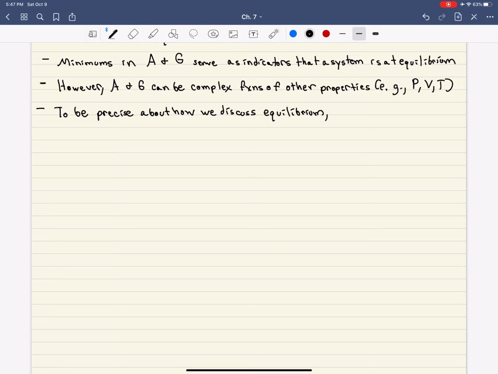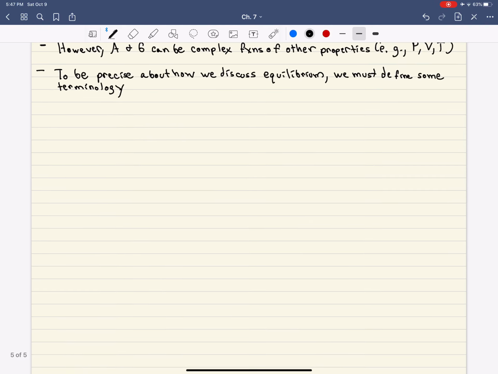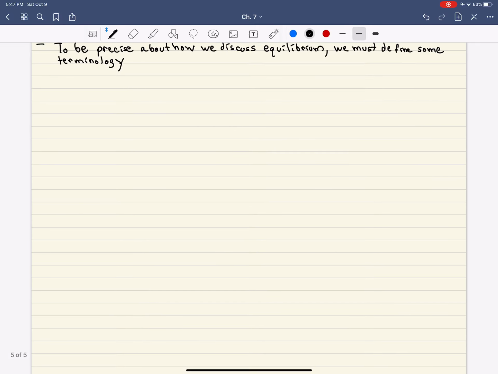So we must define some terminology. Okay? So I'm going to define a couple of different terms that are used to describe how equilibrated a system is. Okay?